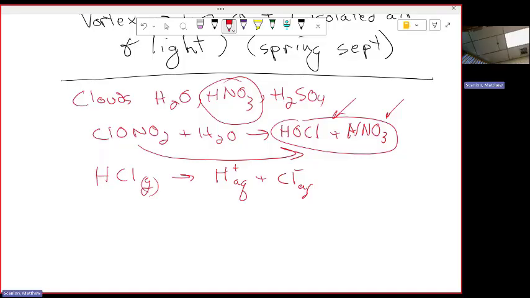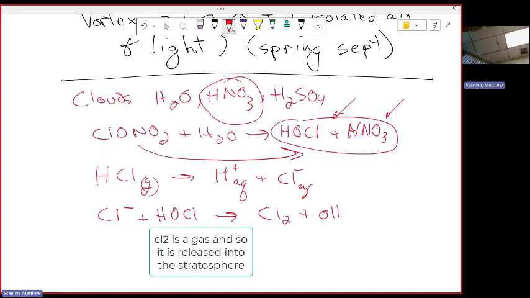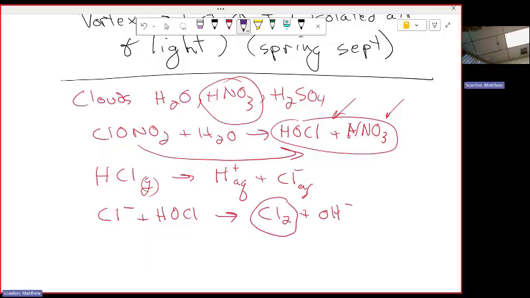And then finally, we have Cl- plus HOCl forming Cl2 plus OH-. And so we're starting to build up chlorine gas in the stratosphere during the dark winter because of these series of reactions.